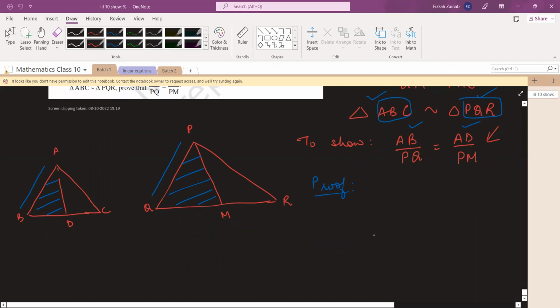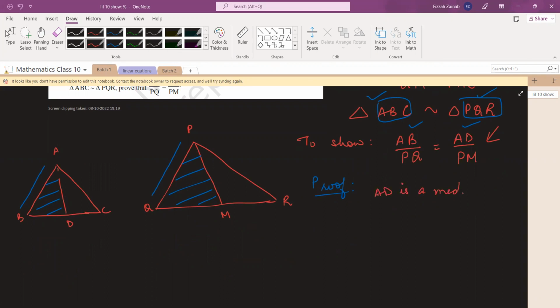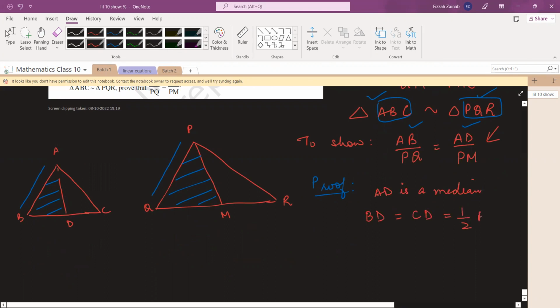So let us do it this way. First of all, it is given that AD is a median, right? So AD is a median means that BD is equal to CD, which is actually equal to half of the full side BC.